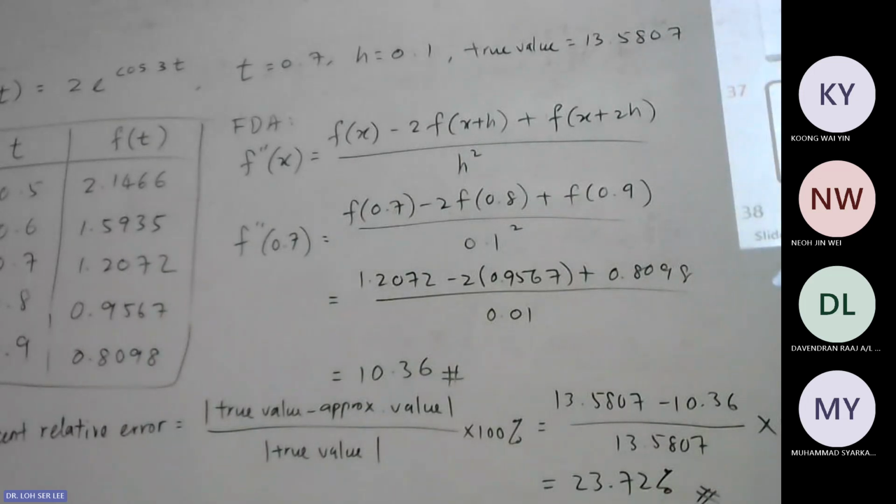Okay, after you compute the approximation, you have to find the percent relative error. Sometimes the formula of percent relative error is not given. When you are asked to find percent relative error, normally the formula is not given.